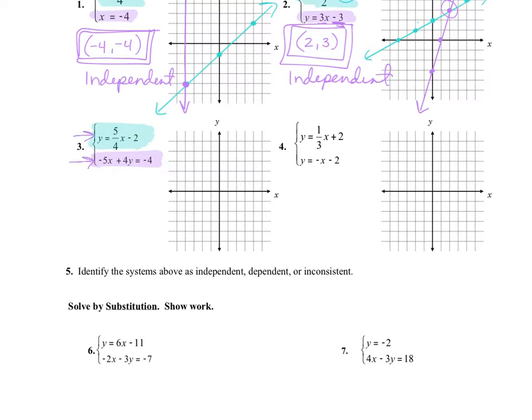So this one's actually going to be easier if we just rearrange and put it in slope-intercept. So we have 4y equals 5x minus 4, and then we divide by 4. Okay, so we get y equals 5/4 x minus 1. So I'm going to use that equation instead of this top one here.